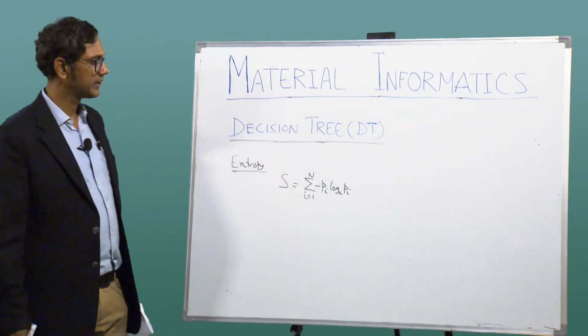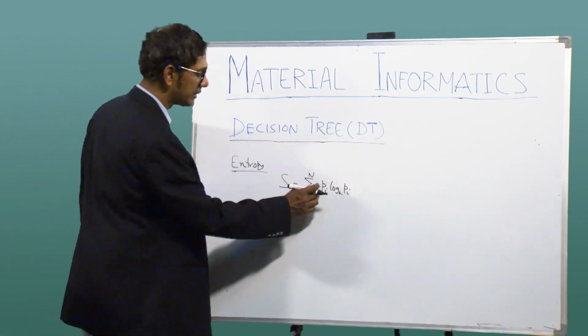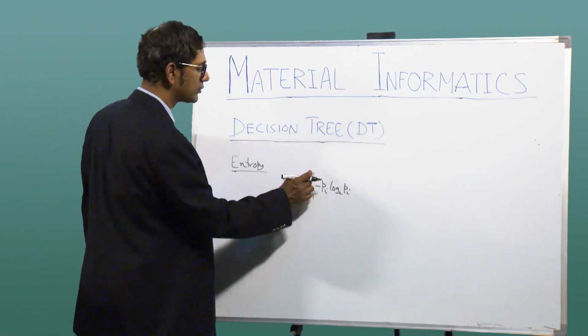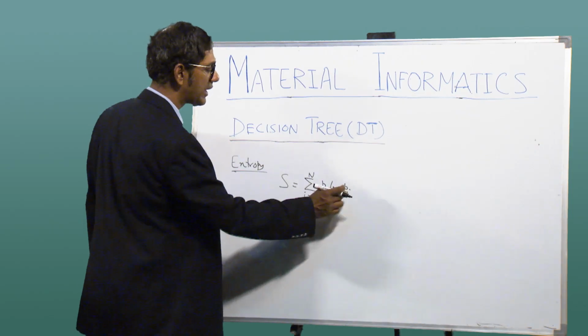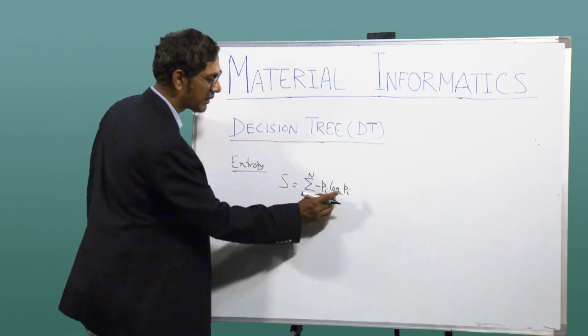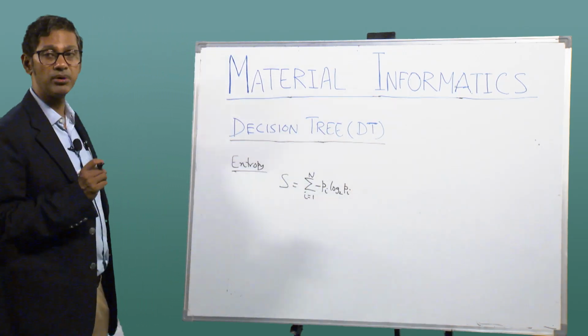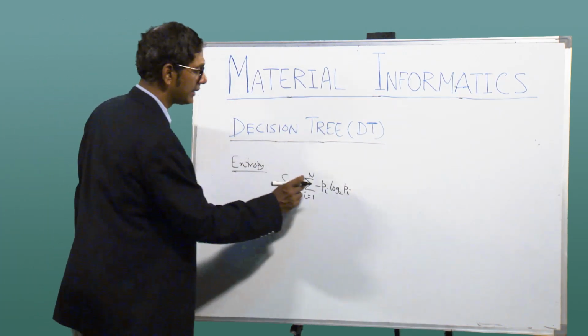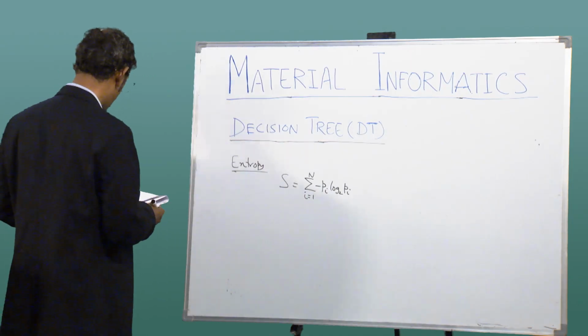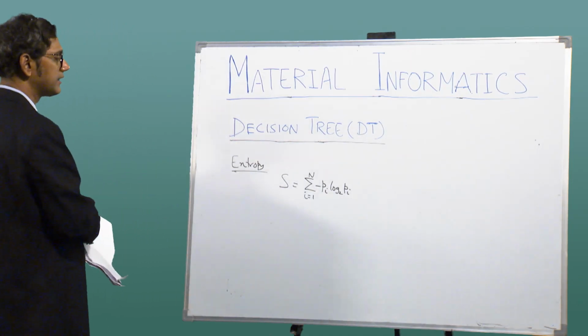You can see that. This is the sum over i equals 1 to n of minus pi log 2 pi. Remember, the base is log 2. That is a different thing for other logs. Pi is always defined as a distribution.